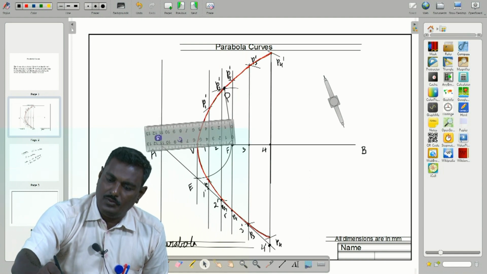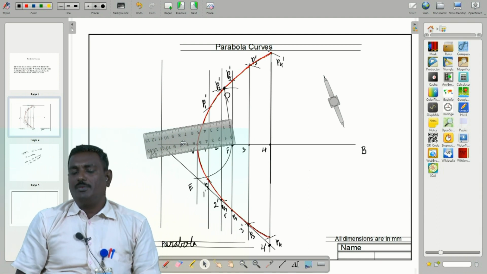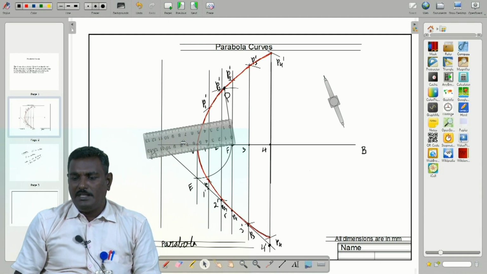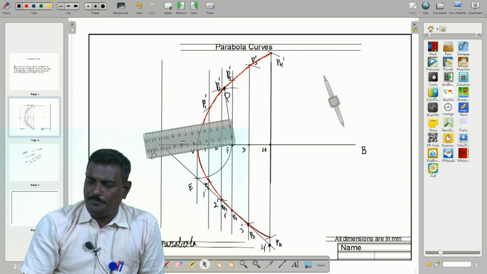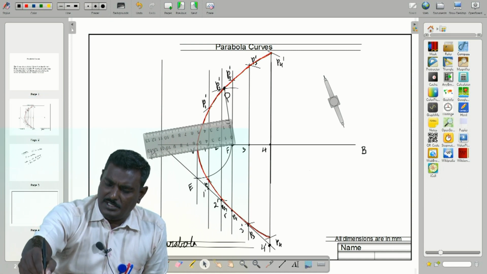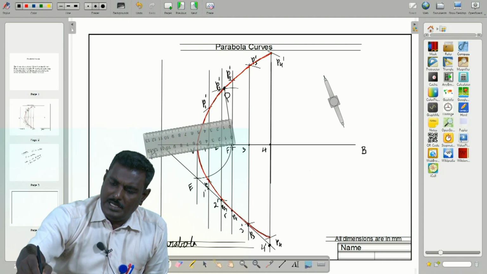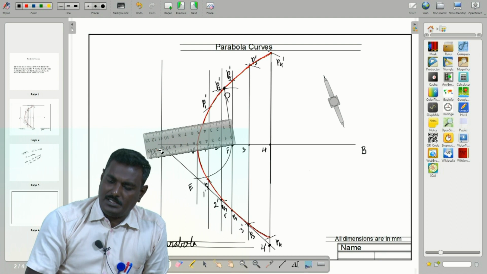Because you do not have a mini drafter, set one scale parallel to F and capital P, and the other scale perpendicular. By using this scale, draw the perpendicular line that will intersect the directrix.